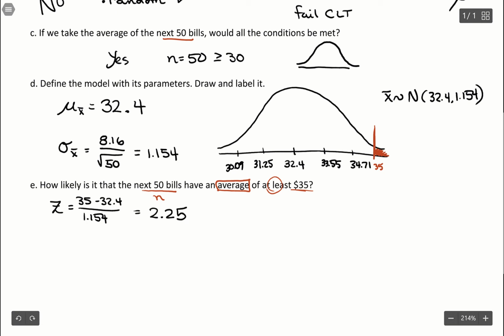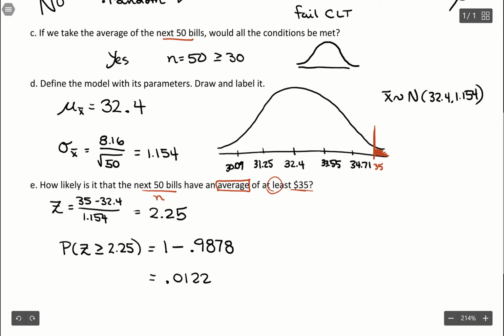Then we'll go to our table to find this probability of having a z-score larger than or equal to 2.25. And we'll use the complement of, when we look up that z-score of 2.25, we should see an area of 0.9878. So after taking the complement, that'll leave us with an area of 0.0122.